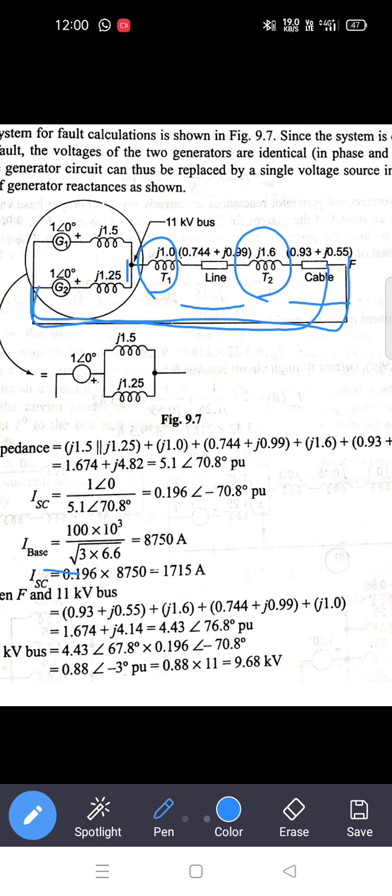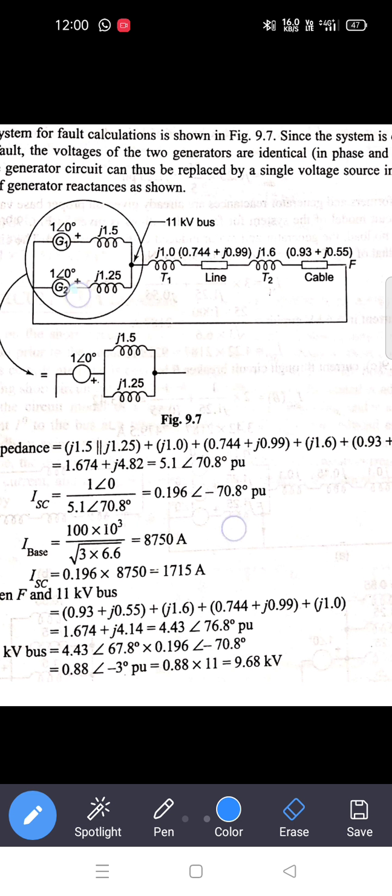Okay, now after making this whole per unit system, we just have to find the total impedance. How much total impedance will be here? Only G1 and G2 are in parallel and all other impedances are in series.